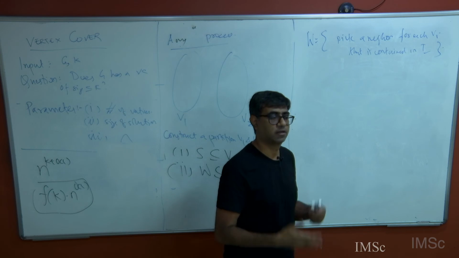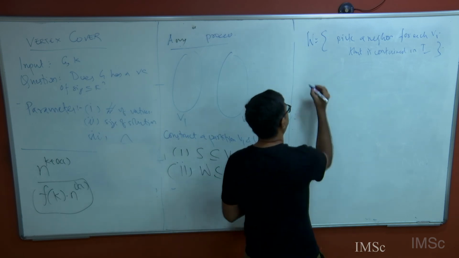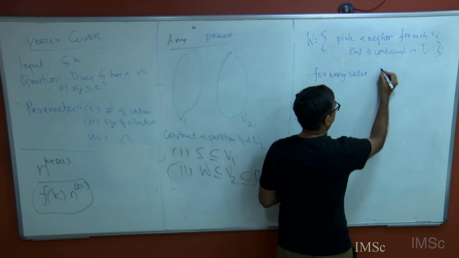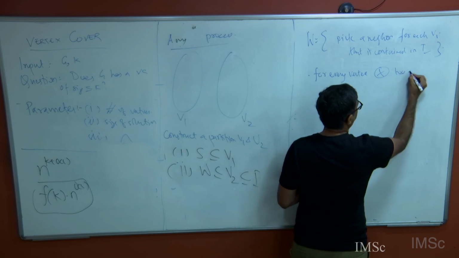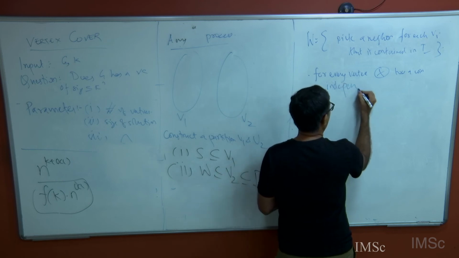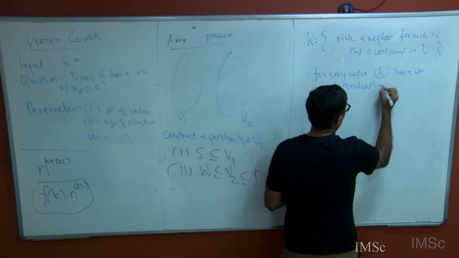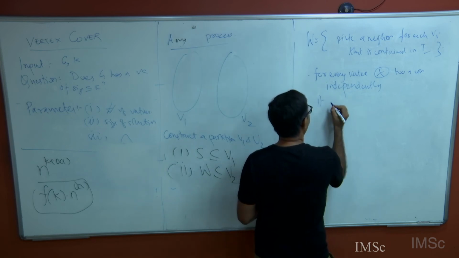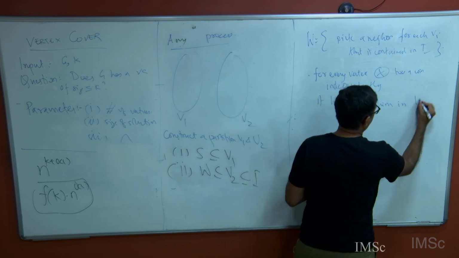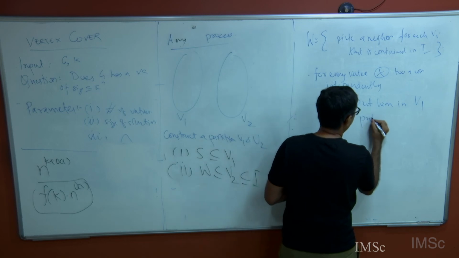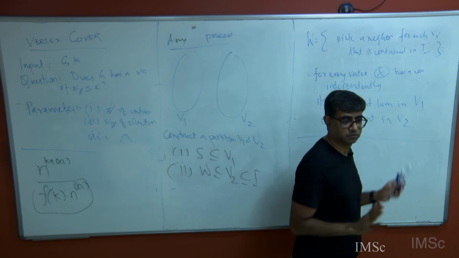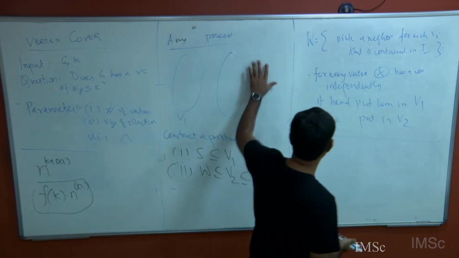For every vertex, I toss a coin independently. If head, put him in V1, else put in V2. That's my process. End of it. It's a polytime process, right?